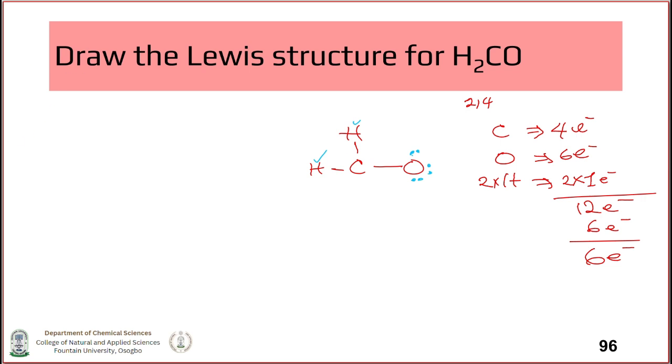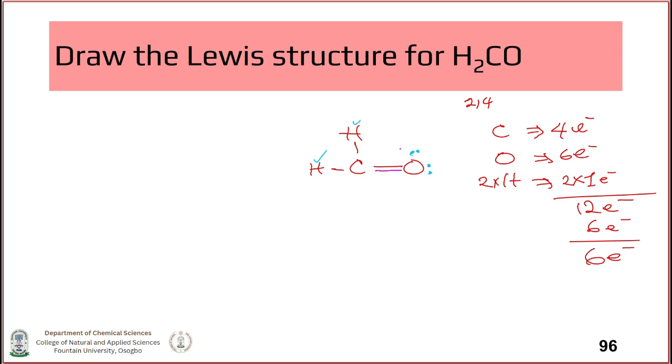We take 2 electrons from the lone pair to make a double bond. So we're doing that now here. So we've made the double bond. Remember, these 2 electrons have to be converted to a bond, making this bond a double bond altogether.